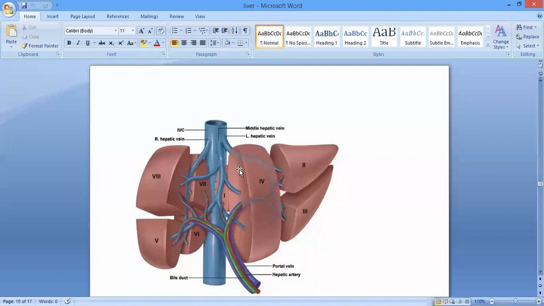So another important factor responsible for suspending the liver in its position is these hepatic veins also. Remember this one. ठीक है जी? कोई प्रॉब्लम तो नहीं है बच्चे?